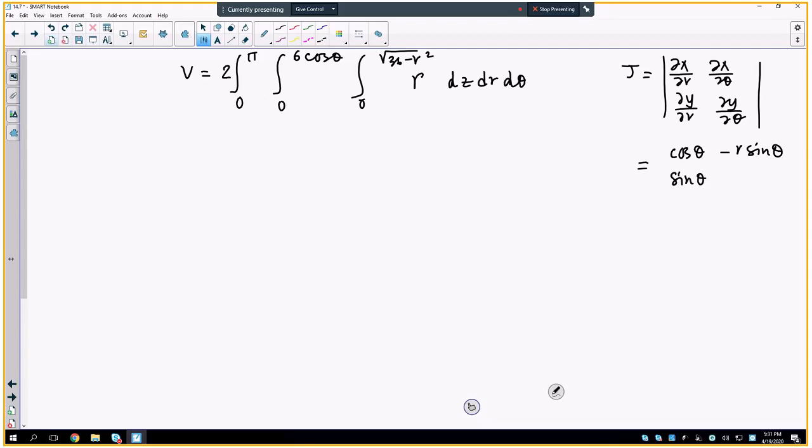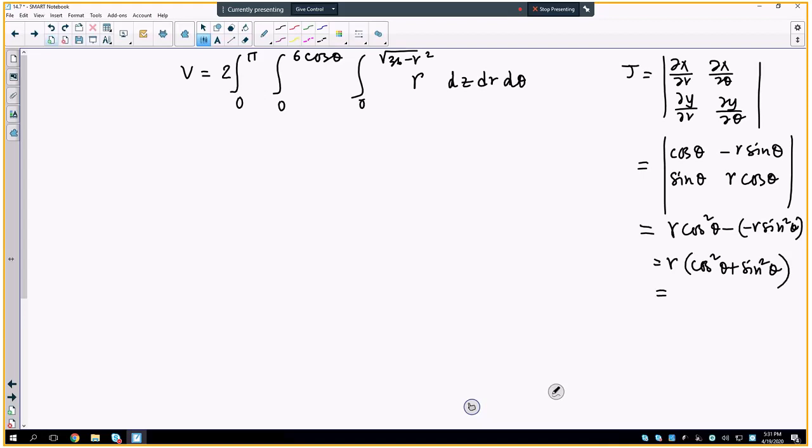And r sine theta with respect to theta, you get r cosine theta. And that's the determinant. So I multiply diagonal-wise, get r cosine squared theta minus r sine squared theta, which is r, if you factor out cosine squared theta plus sine squared theta. I'm pretty sure you have seen this in 14.3 and just wanted to remind you of that. And this is that r that I need for the cylindrical transformation.